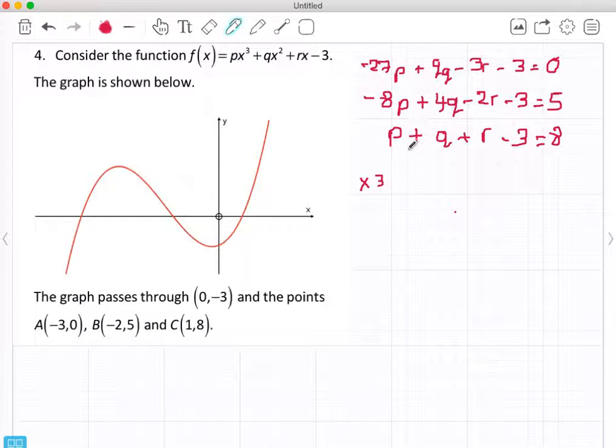So it's minus 27, add 3 lots of p, which is minus 24p. This is 9, add 3 lots of q gives me 12q. Minus 3r plus 3r disappears. Minus 3 plus minus 9 is going to give me minus 12.